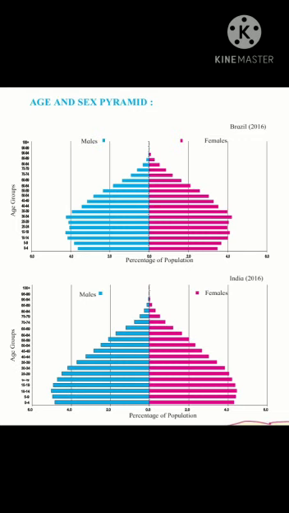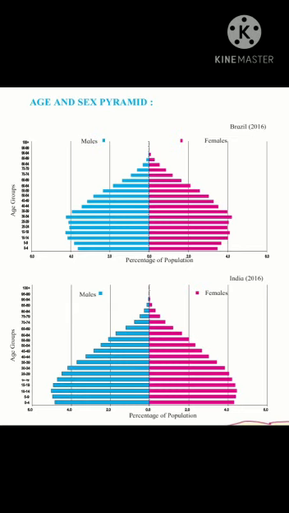So students, to conclude this, we can say that the young males and females are more in Indian population in comparison to the Brazilian population, where they have the more number of old people in their country.